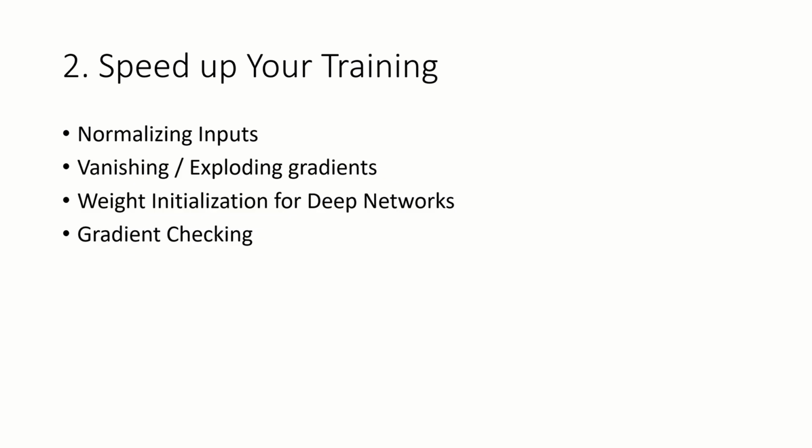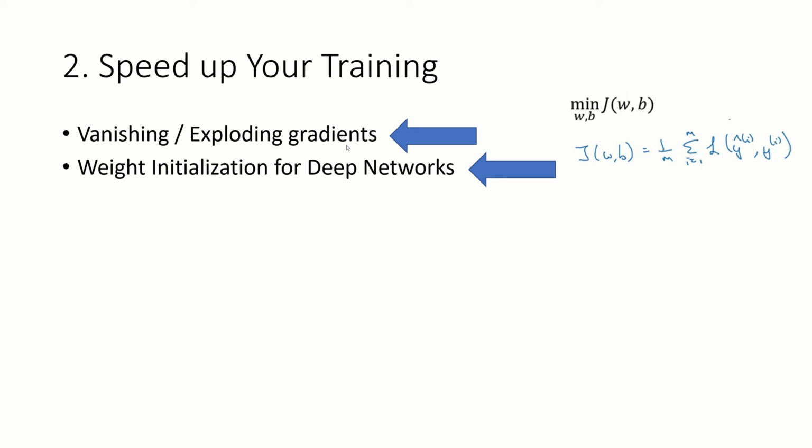Next, let us talk about vanishing and exploding gradients. While training deep neural networks, sometimes the derivative slopes can become either too big or very small, which makes the training phase quite long. For deeper networks, W will be large.